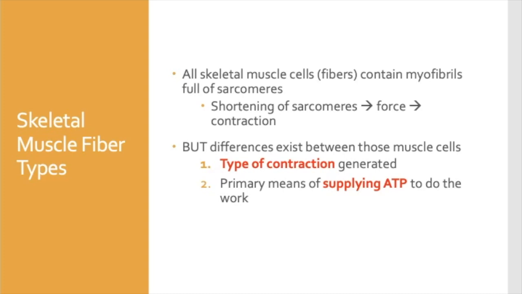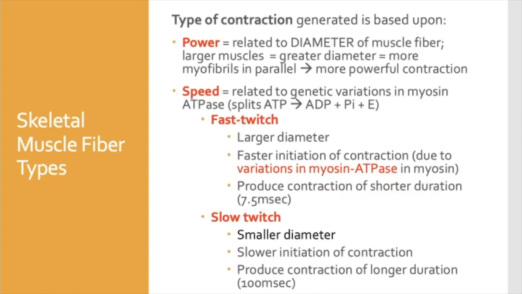Each type of muscle fiber has a different type of contraction and means of supplying ATP. Remember, when we talk about type of contraction, we're talking about power and we're talking about speed.